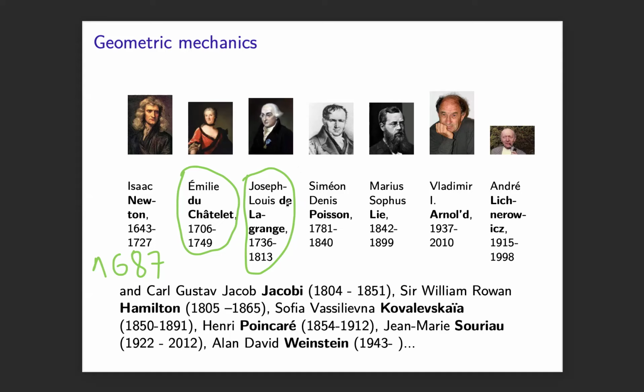And one of the tools they were missing was the Poisson bracket, which was introduced by Simeon Denis Poisson in 1808 in Paris during a talk. So Simeon Denis Poisson was 25 years old, I think, when he introduced the Poisson bracket.